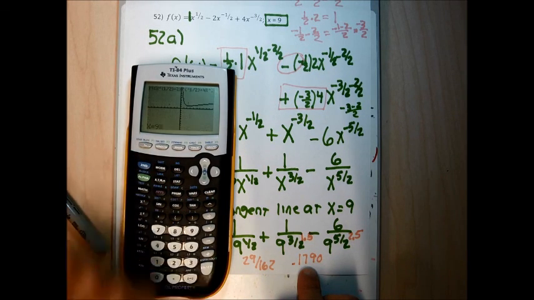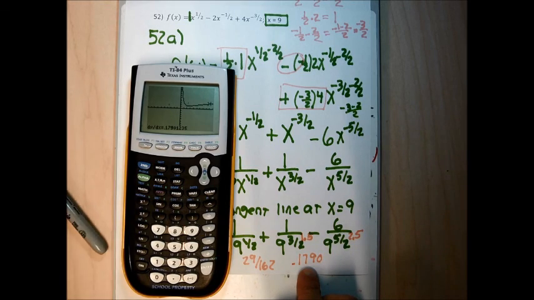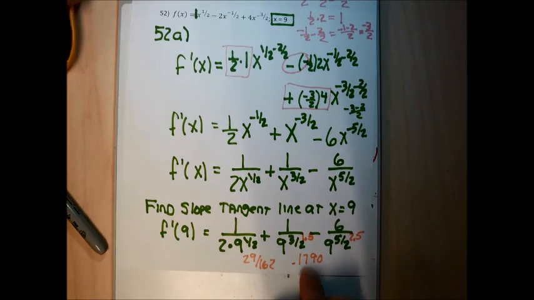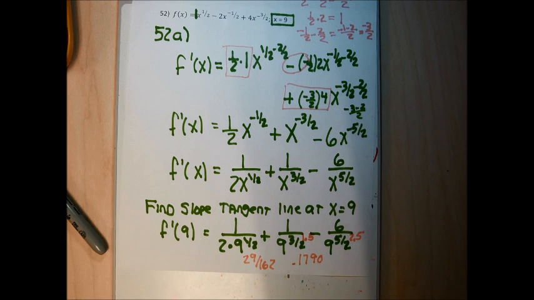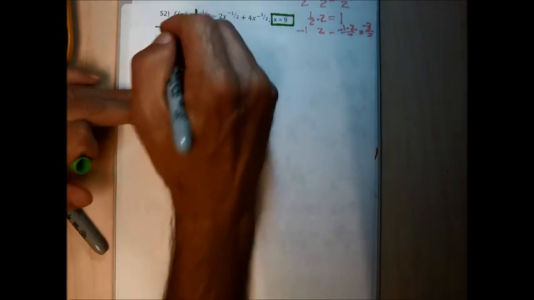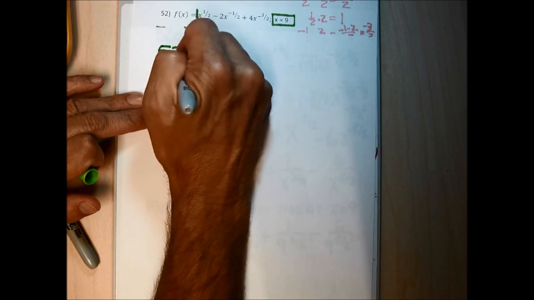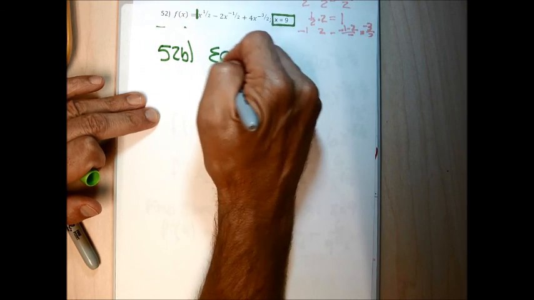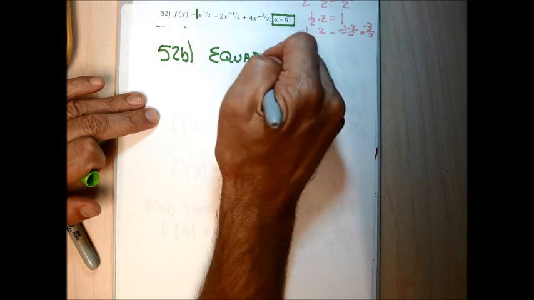to part A. Now I'm going to move on to part B, and when I go to do part B, I need to find an equation of a tangent line, and to find an equation of a tangent line, you need a point and a slope, and what we have right now is a slope and an x-coordinate of a point.